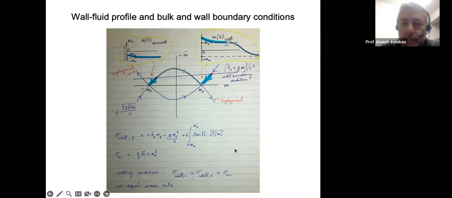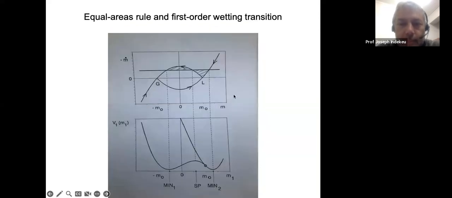And the equal areas rule is depicted here for a situation that we are exactly at the wetting transition. And exactly at the wetting transition, this upper area here equals this side area here. And that is equivalent to asking the two surface free energies for the non-wet and for the wet profile respectively to be equal.